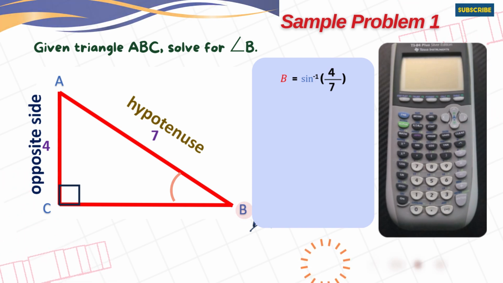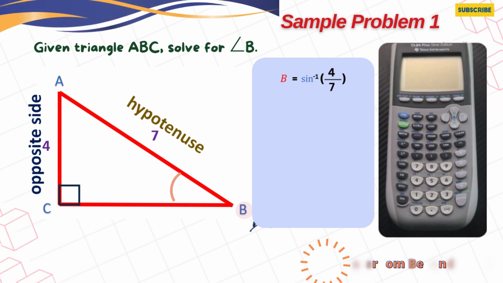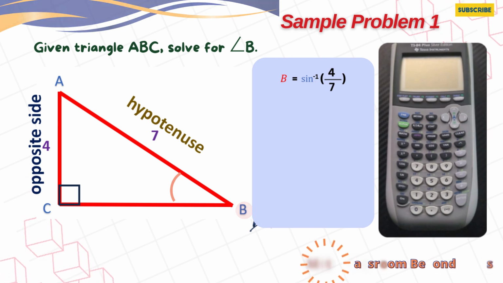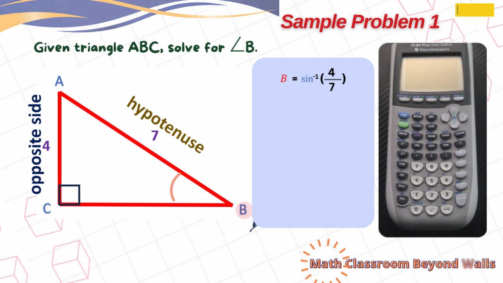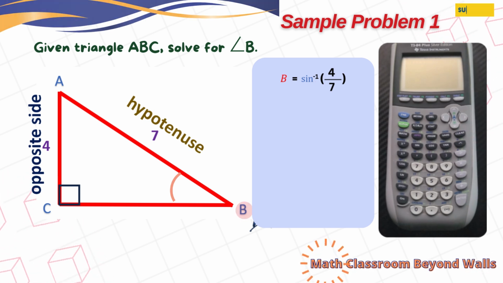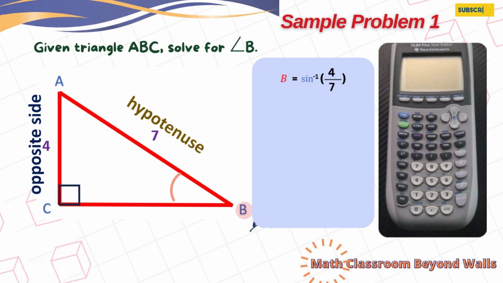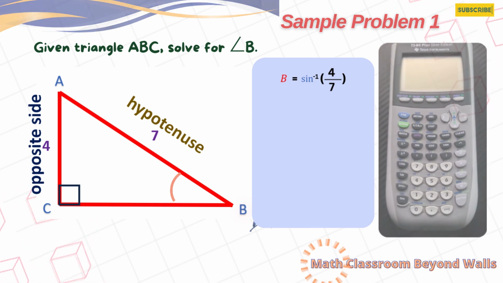Again, the equation that we want to solve is angle B is equal to sine to the negative 1 times 4 over 7. Now type what you see on the right side of the equation starting with sine to the negative 1.